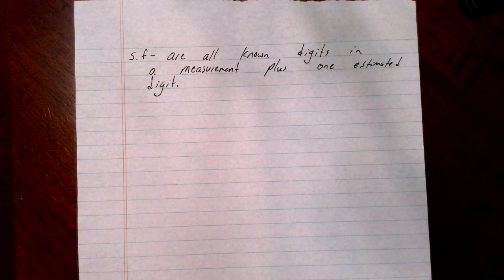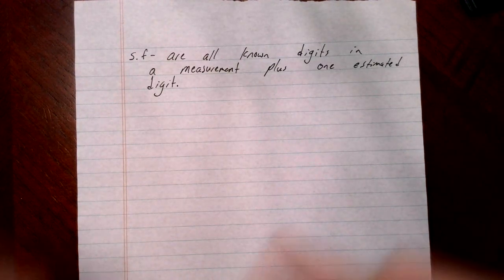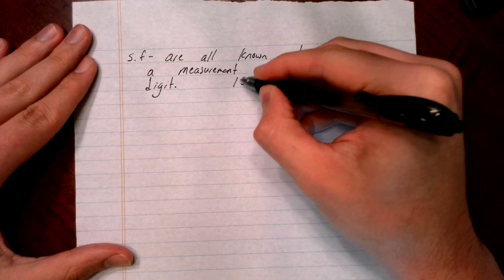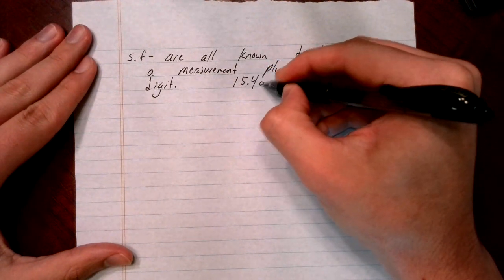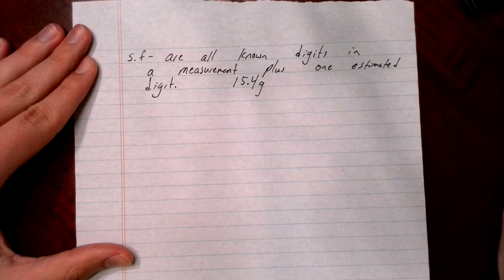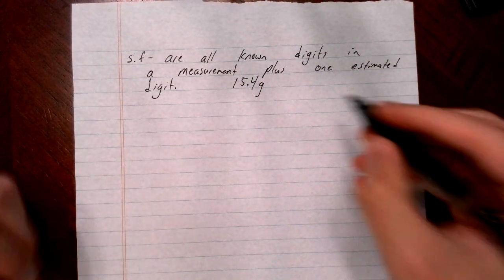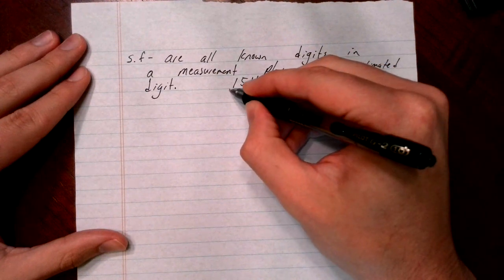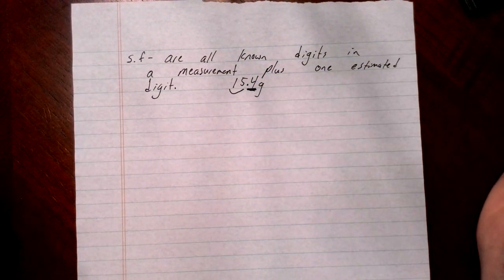So another more usable definition of significant digits or significant figures, the way I abbreviated it, is that they are all known digits in a measurement plus one estimated digit. So what that means is I could write something like 15.4 grams. You're always going to estimate the smallest digit. So that's saying I'm estimating the 0.4, but I know the 15 is accurate.